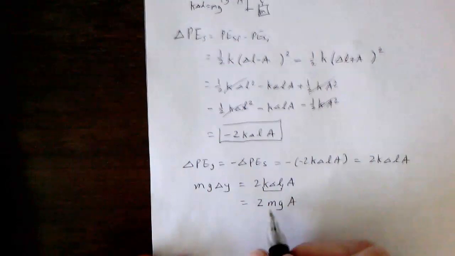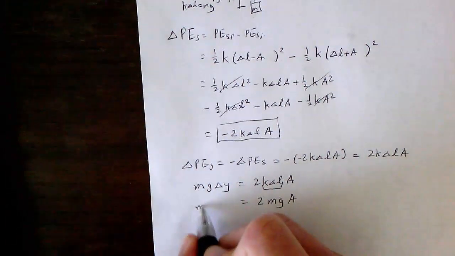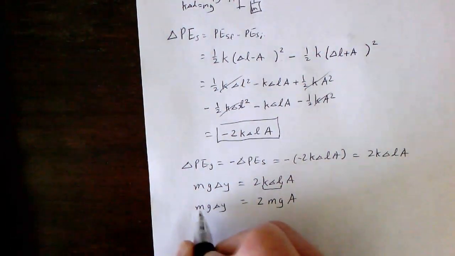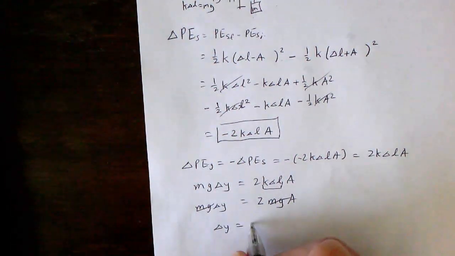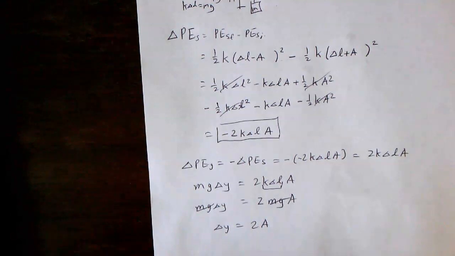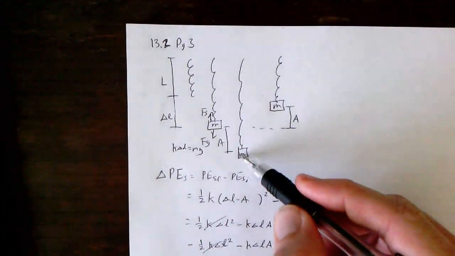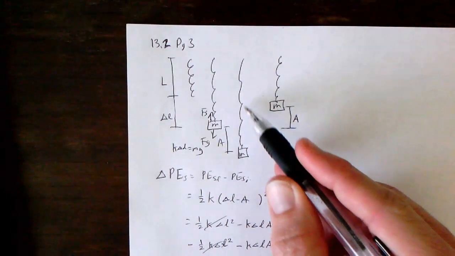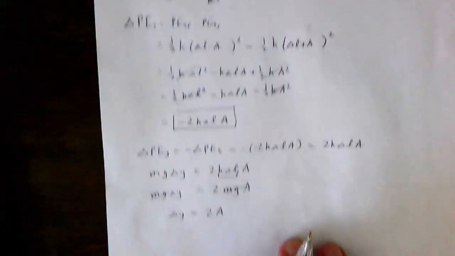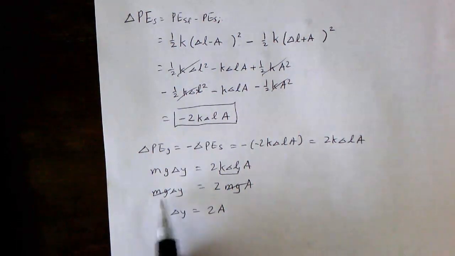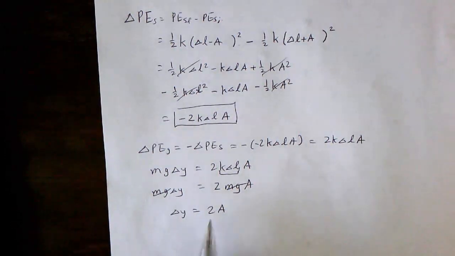I'm going to plug that in again down here. So mg delta y, and of course, mg cancels out. And surprise, surprise, delta y equals 2A, because it goes up A and up another A for a total of 2A. So the change in gravitational potential energy is mg times 2A.